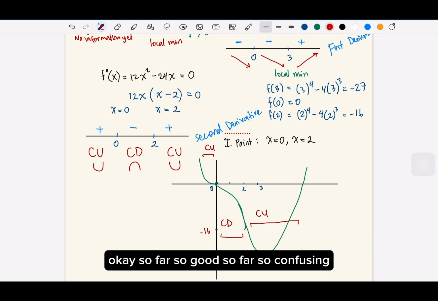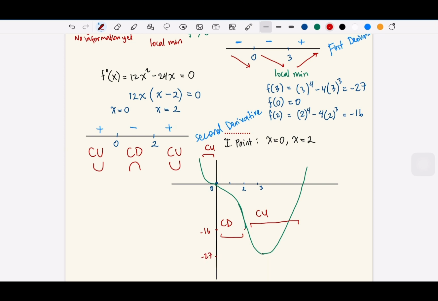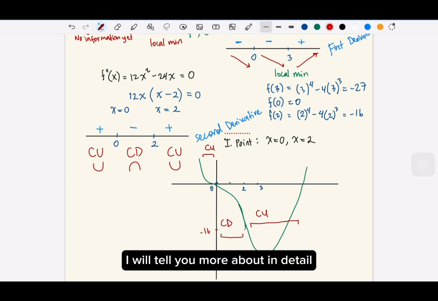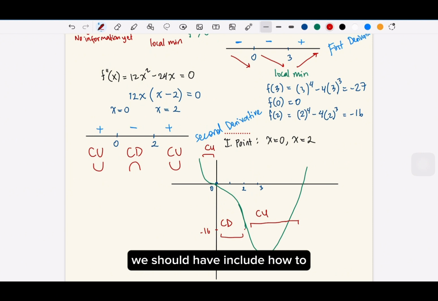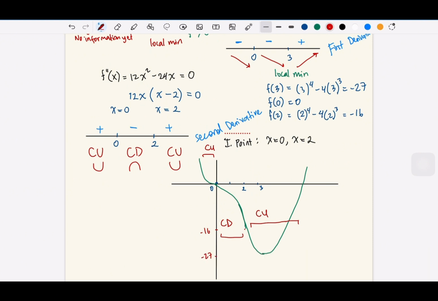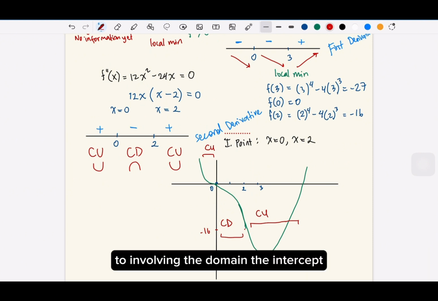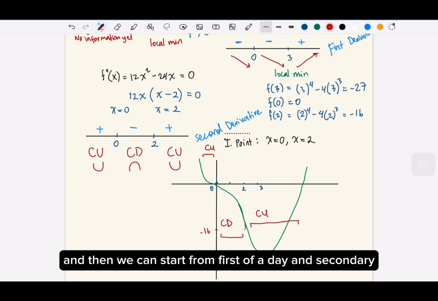Okay, so far so good. So far so confusing. I understand everything until the graphic. Yeah, I will tell you more about the graphic in detail because I skipped some process. We should have included how to involve the domain, the intercept, the asymptote if it has one, and then we can start from the first derivative and second derivative.